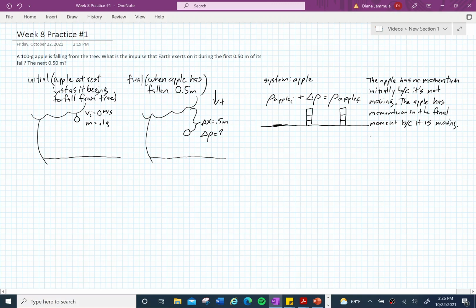And then I think that I'll say that momentum and velocity have the same direction, which is down. And then according to my reference frame, down is positive.